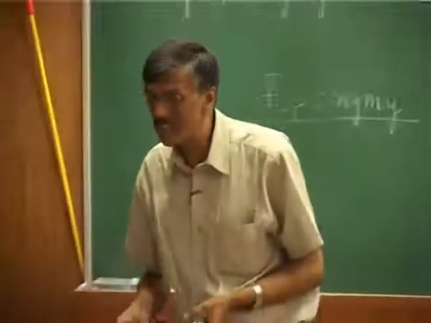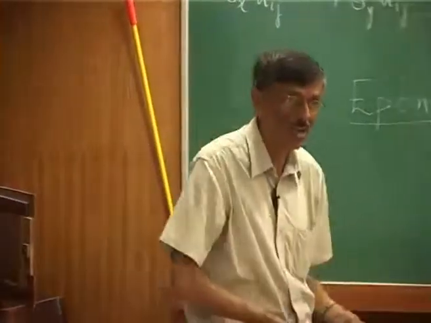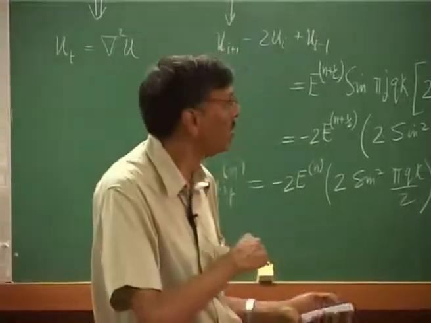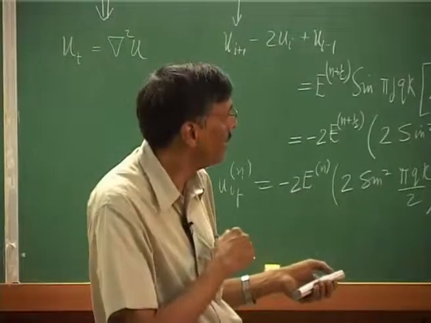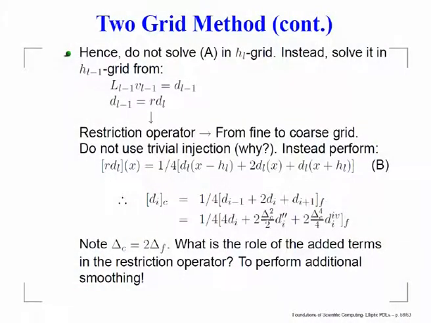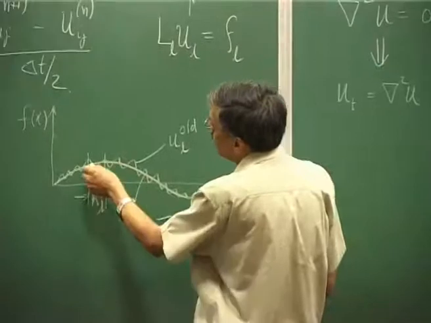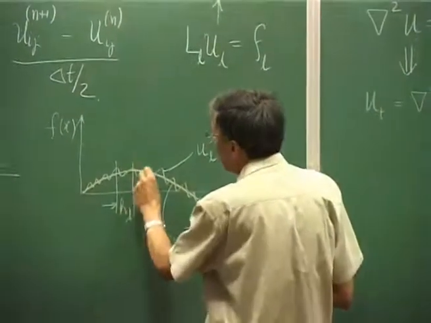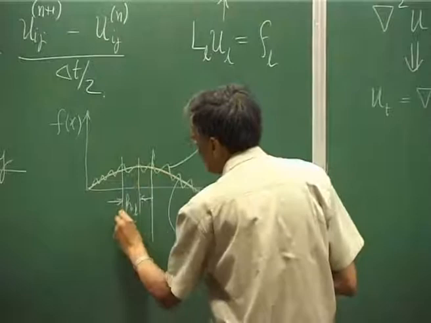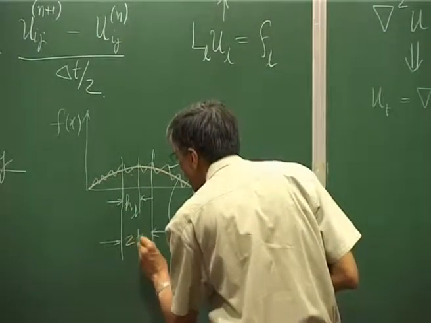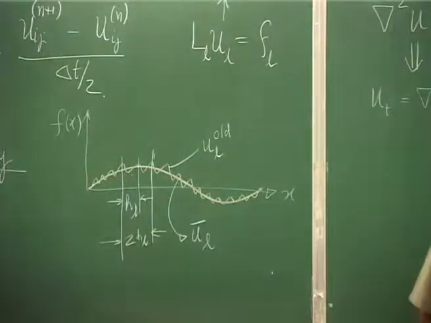So that's what we are suggesting now, that look, we have exhausted all the possibility whatever we could in the HL grid. So now instead of solving LB equal to D in the L grid, we go over to a coarser grid. So now I will try to reduce error in this range, where the grid spacing is 2 times HL, right? That's our coarser grid definition.